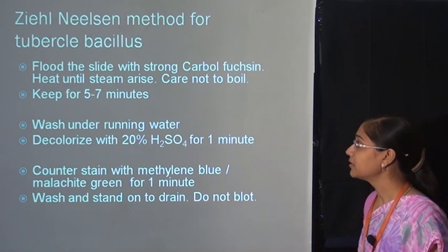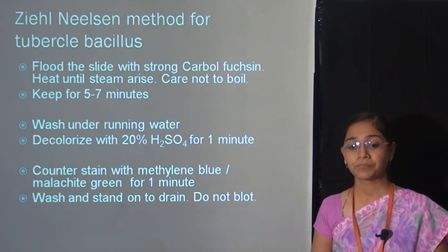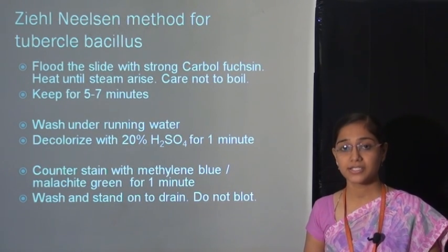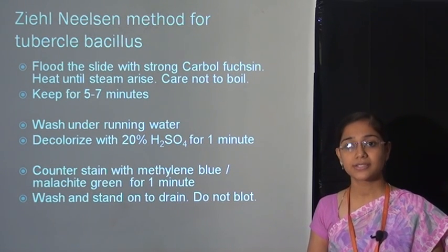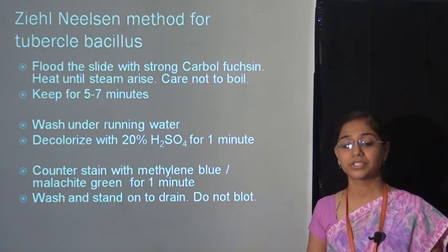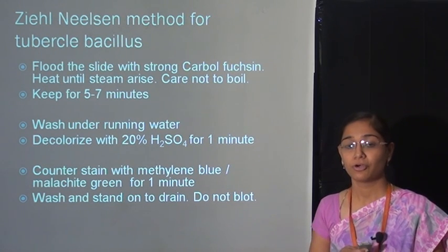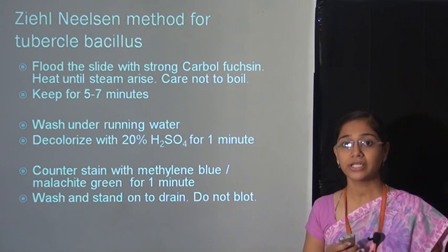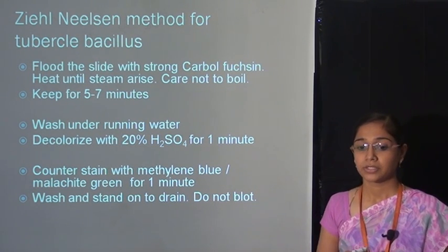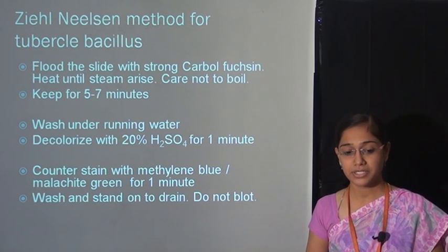Let's see the method. First, flood the slide with strong carbol fuchsin and heat until the steam arises. First of all, take a clean slide, make a smear, cover the smear with carbol fuchsin and heat until the steam arises. We don't have to boil, we have to do only chemical fixation, and care not to boil. Keep for 5 to 7 minutes.